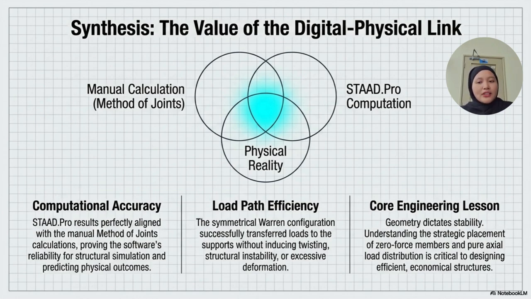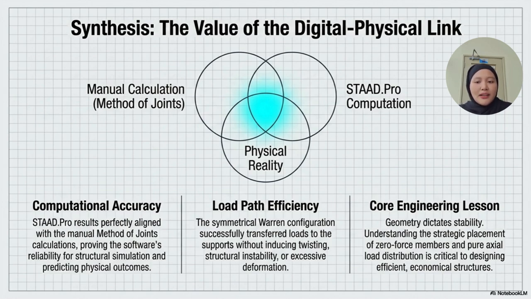The most valuable lesson from this project is that geometry dictates stability. Understanding zero force members and axial load distribution is critical for designing efficient, economical structures. Identifying zero force members saves materials.